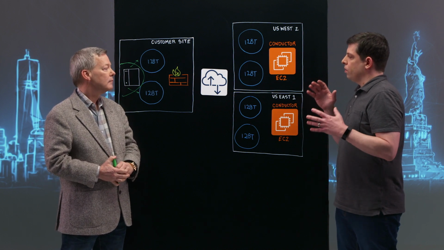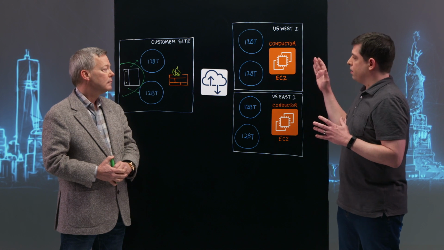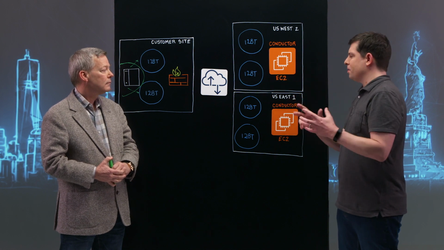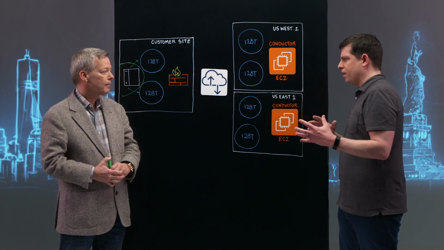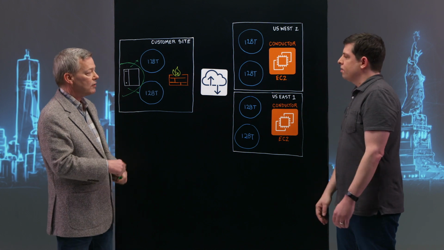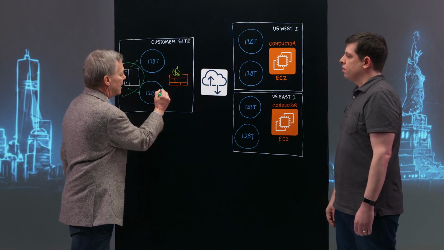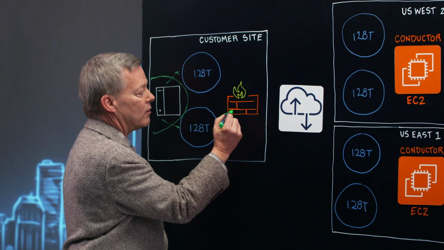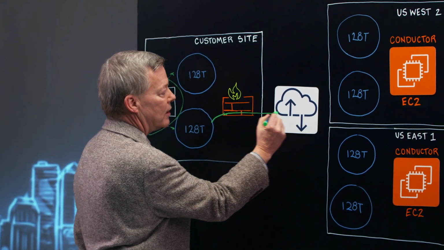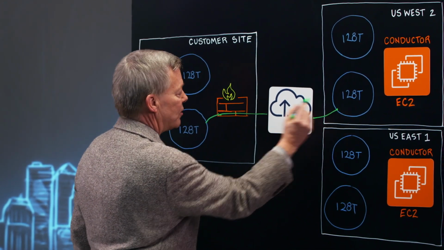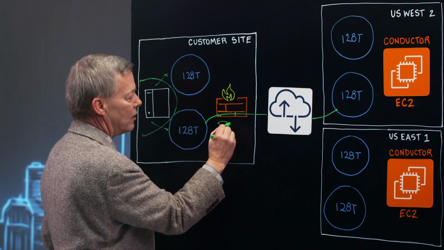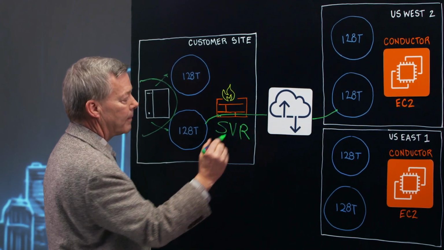All right, so what you have here, it looks like connectivity into AWS, but you're not using Direct Connect. And this isn't VPN either, is that correct? That's correct. We've invented something called secure vector routing, and it starts at one of our routers and goes all the way through the internet and terminates at another one of our routers.